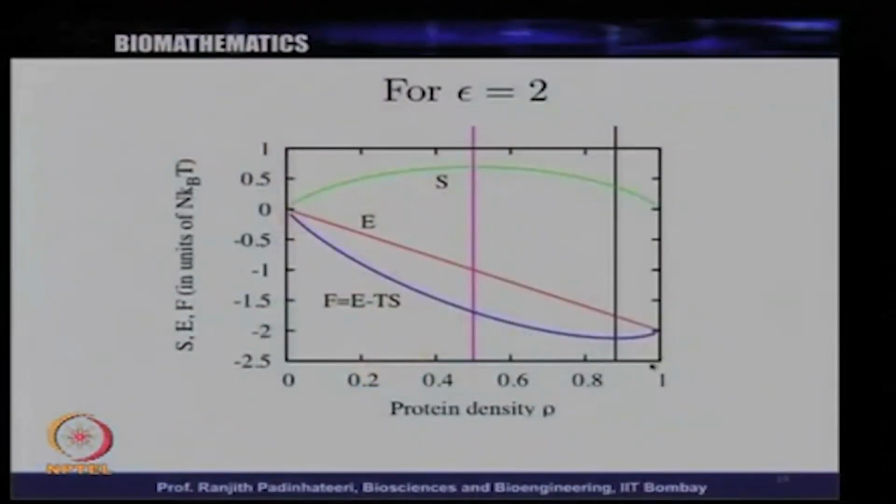So, we can predict, using ideas from thermodynamics, how many proteins will be bound on the DNA. For epsilon equal to 2, here is what I have plotted. This will give you the protein density bound. The free energy minimum is around 0.88, so 88% will be bound when epsilon is equal to 2.